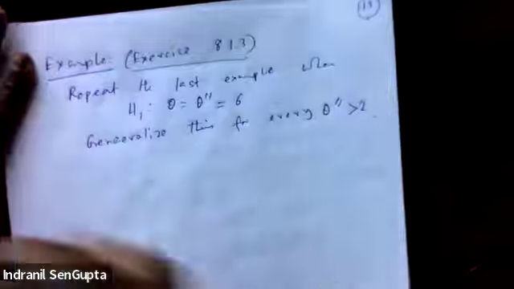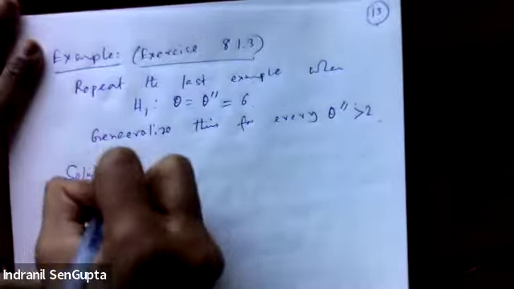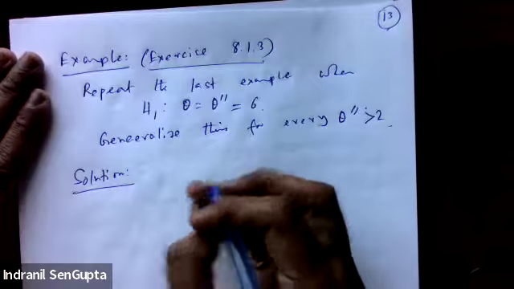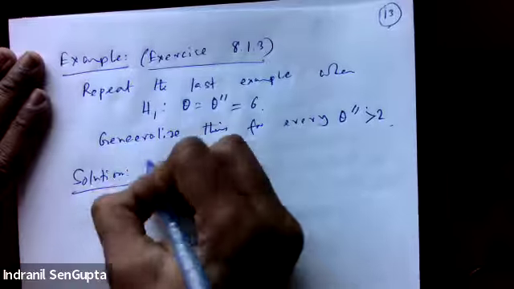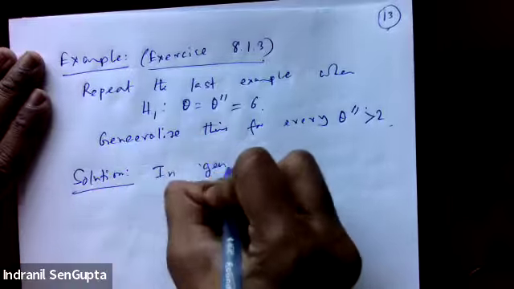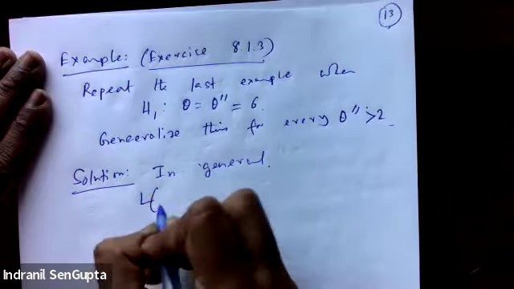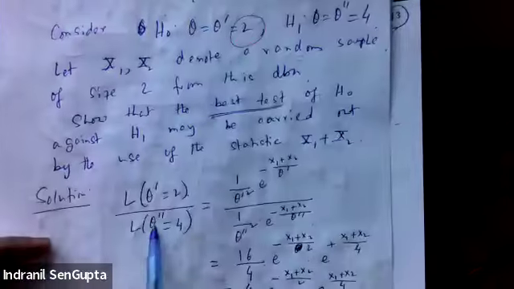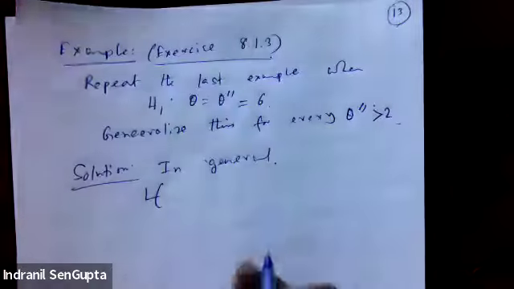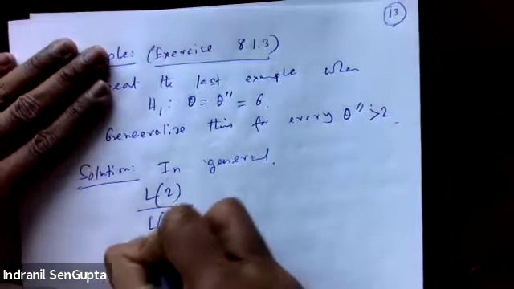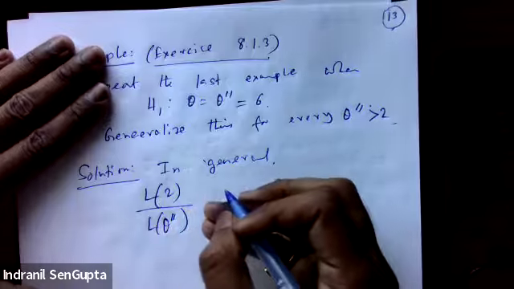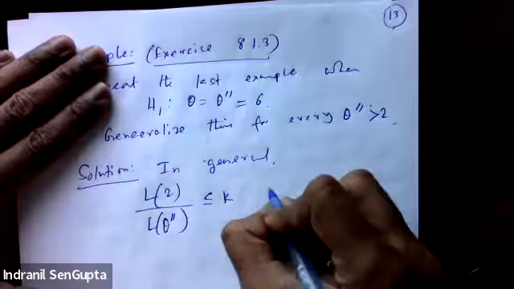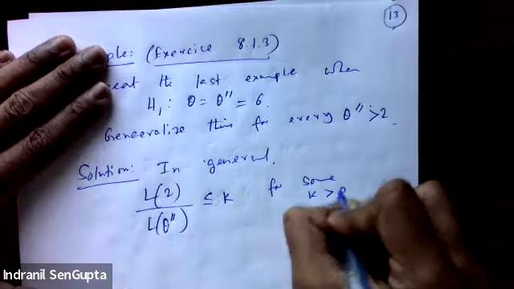Okay, now here is a solution. We'll mostly build on the analysis that we already developed. In general, we have L of 2 over L of theta double prime, less than or equal to K for some K bigger than 0.